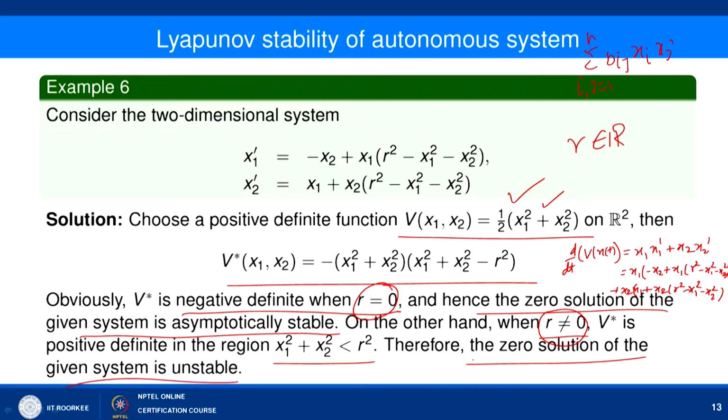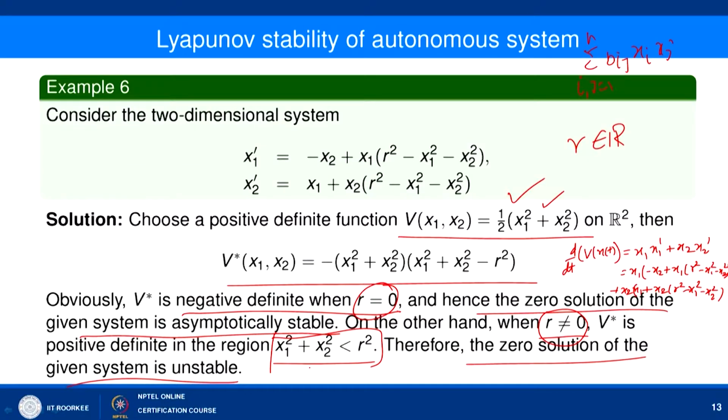So, here we have obtained that the 0 solution is stable or unstable only by analyzing the function V of x1 x2. Without finding a solution of this dynamical system, we are predicting, we are telling that the 0 solution is stable in this region and unstable in this region.